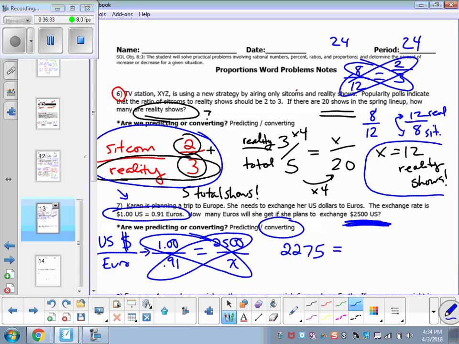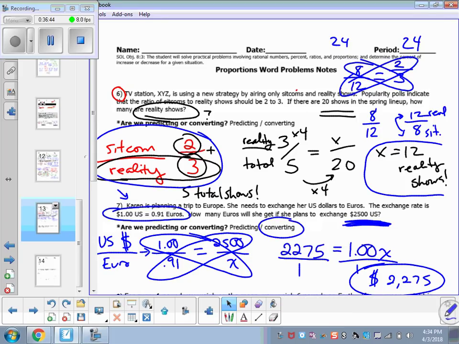Now we're going to divide that by the 1x, which is straight up 2,275. I just labeled that with money, but that's actually not a US dollar amount. This is going to be answered in euros. I don't know how they label euros; I don't think it's with the dollar sign. So in America, she would spend 2,500.